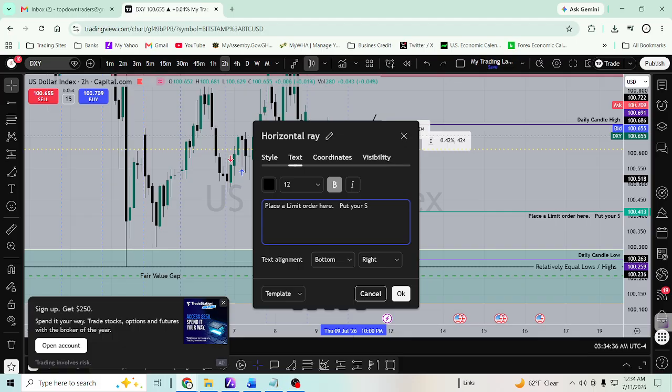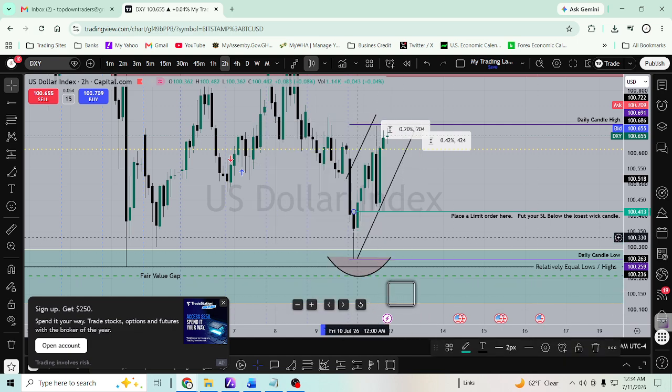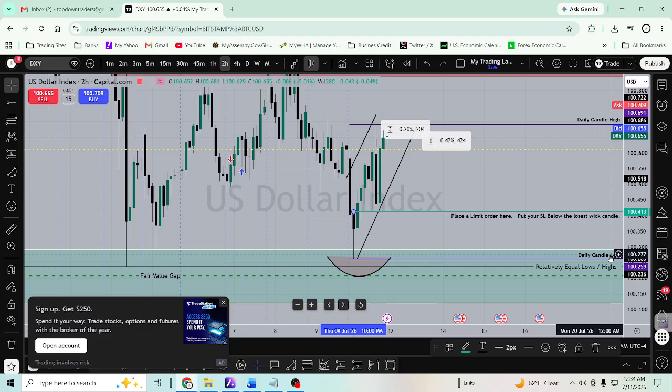I'm going to use the abbreviation SL. SL stands for stop loss. Below the lowest wick candle. Let me show you what that looks like. You put your limit order here, and your stop loss you'll put right here at the daily candle low.